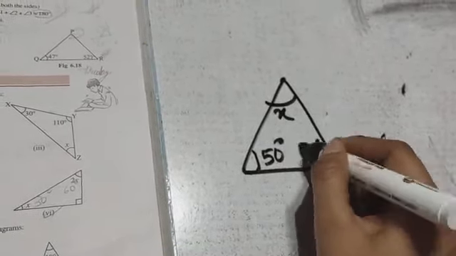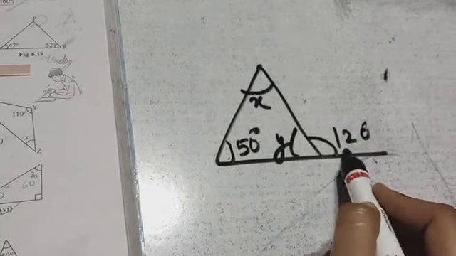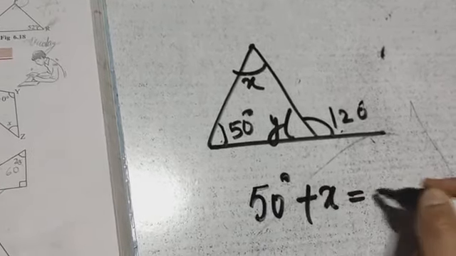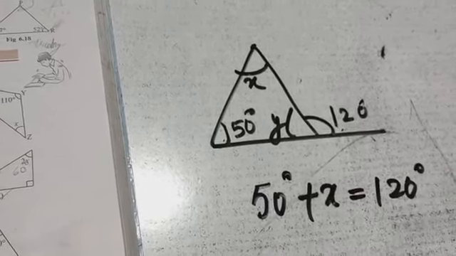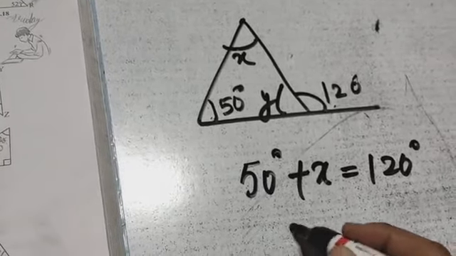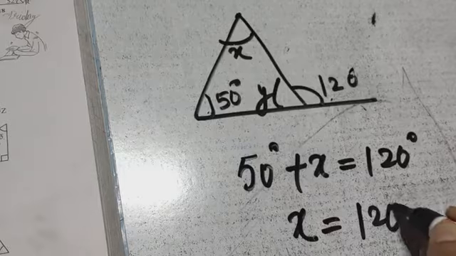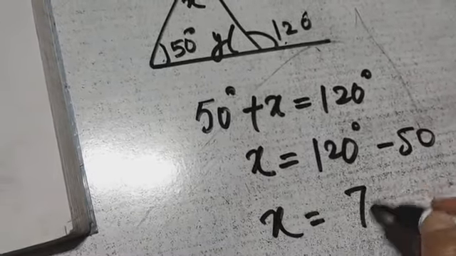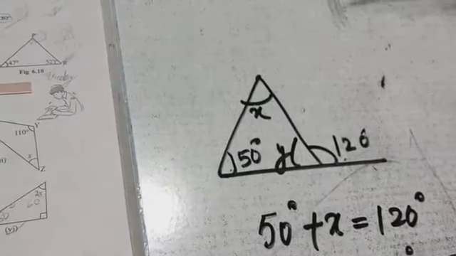We have to find x and y. Since we know by the exterior angle property that the sum of these two angles is equal to this, so 50 degrees plus x is equal to 120 degrees. So x will be 120 minus 50, that is x is equal to 70. So we have found x.